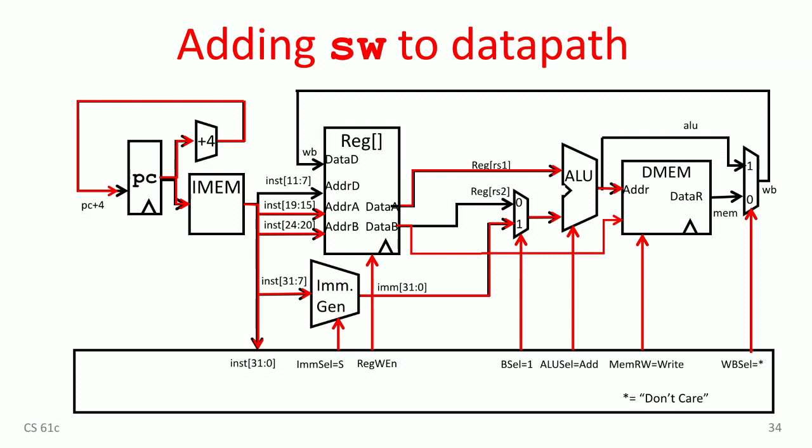We don't care what the select mux is selecting because the register write enable signal is 0. So we can send garbage to the input of the register file since nothing is being written. We'll let the controller optimize what the signal value should be because we don't care about it in this case.